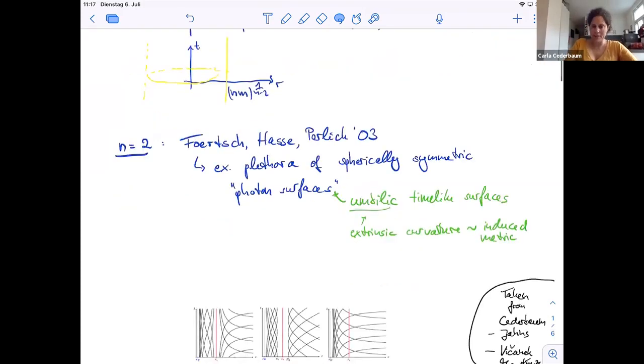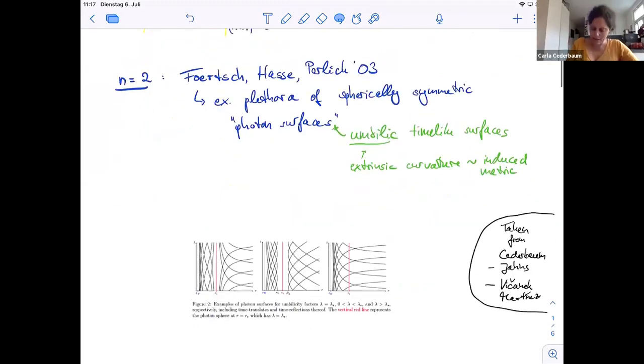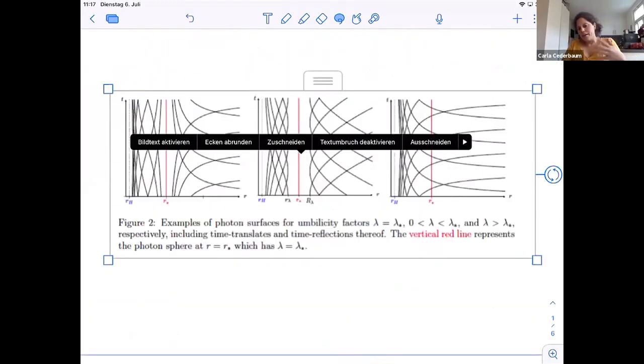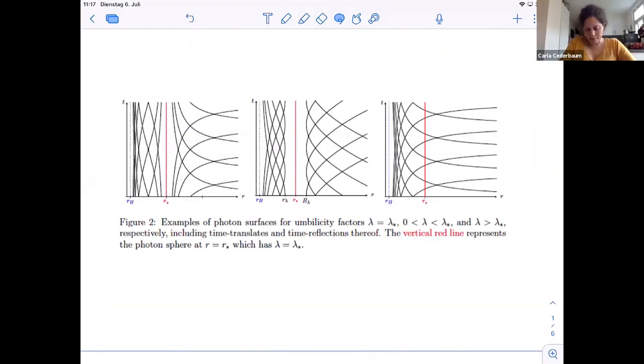And I have a picture here that I'll enlarge for you, that we reproduced from their work. So the red line R star is the photon sphere in an RT diagram here, R being the radial coordinate in the Schwarzschild of whatever dimension we're looking at, and T being the time coordinate, and the angles are suppressed here.